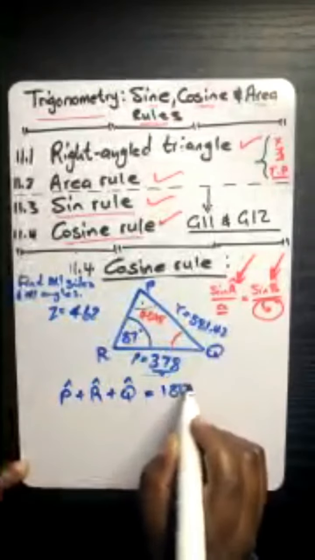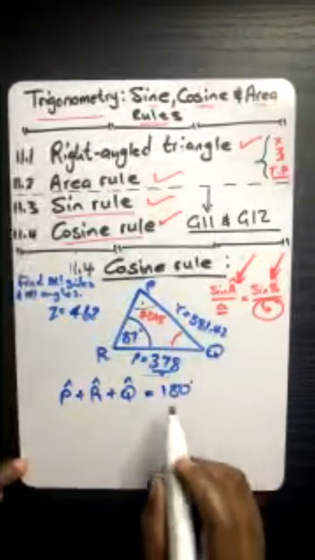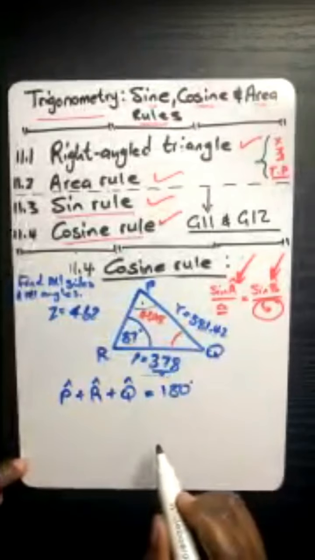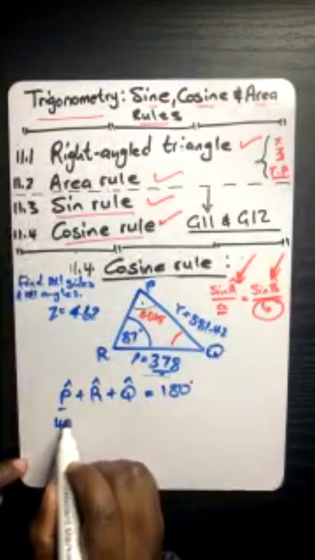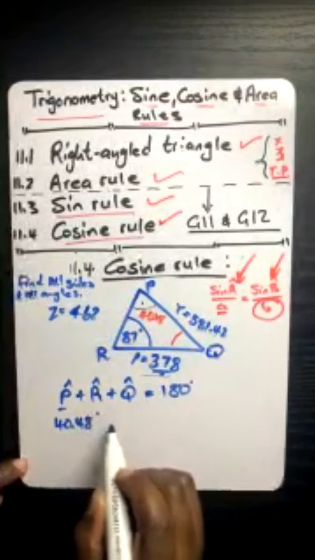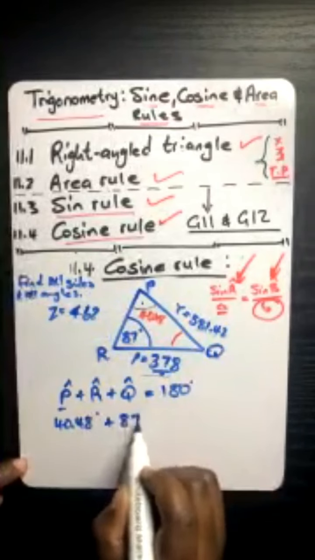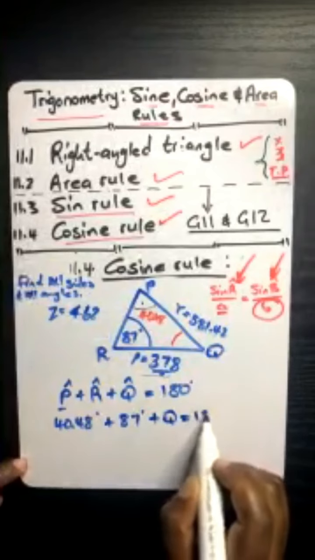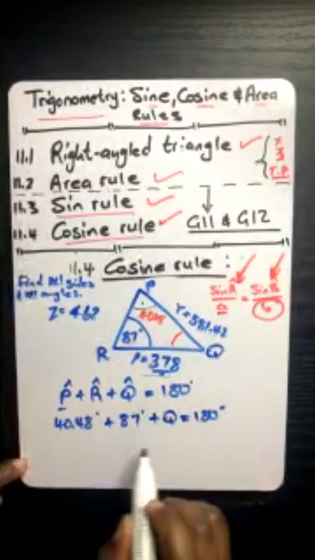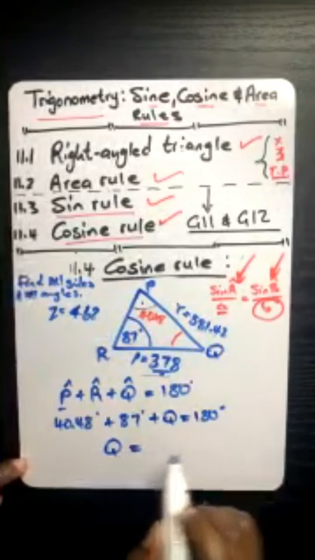The sum of the interior angles of a triangle adds up to 180, which means that angle P, we just calculated it to be 40,48, plus the one for R is 87, plus this one for Q is what we are trying to calculate. Then what is that?